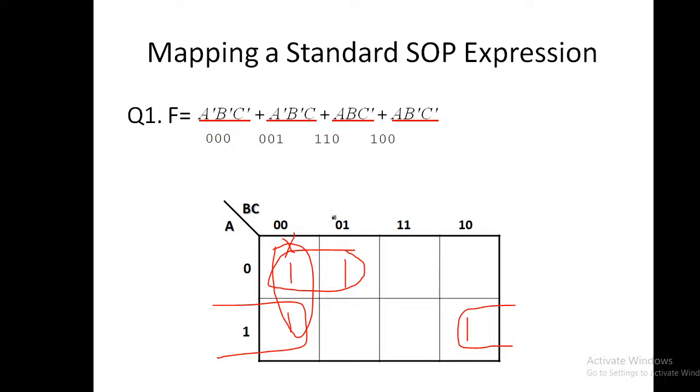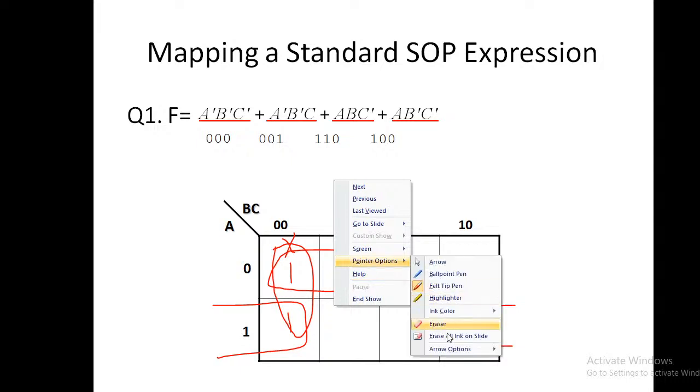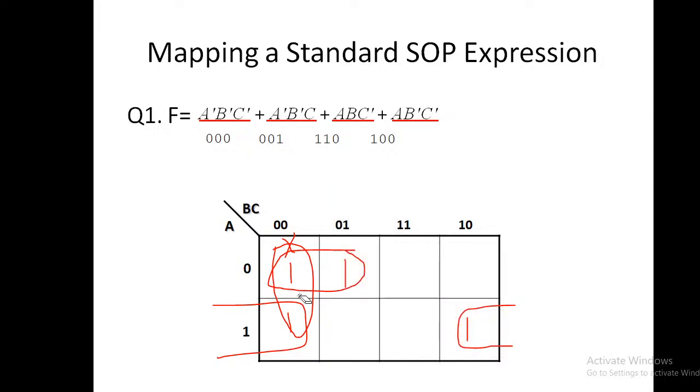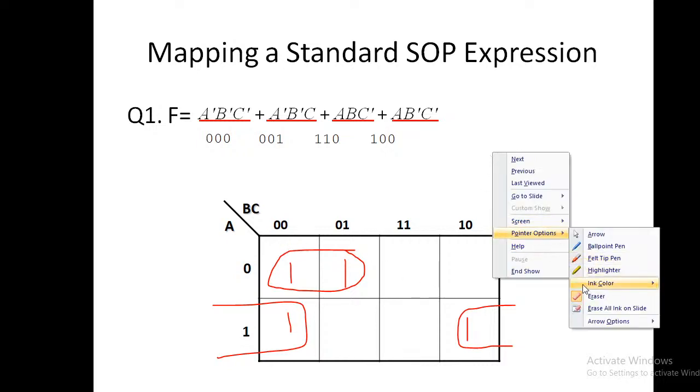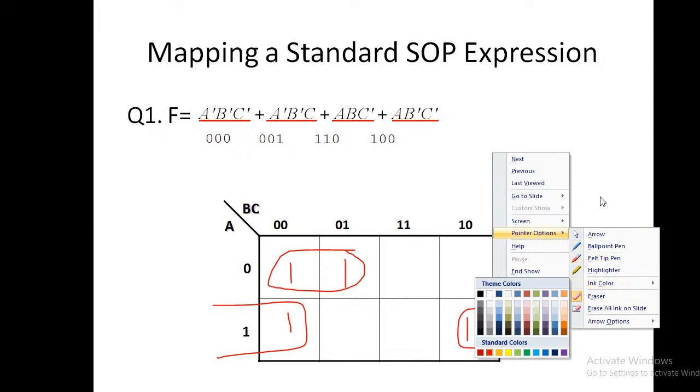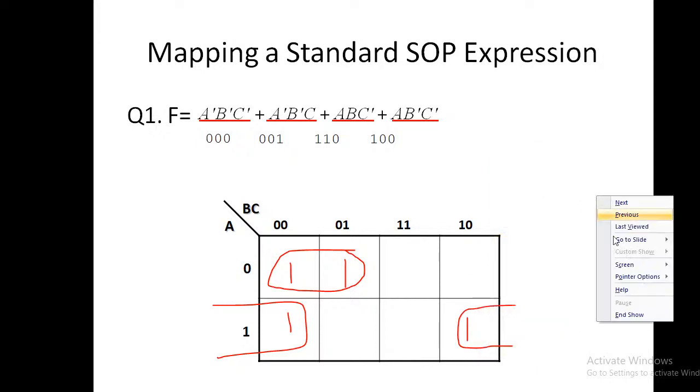Now see this one. I will not take this one. Whatever I told you, whatever expressions you are getting, the expression that is correct is the one with a minimized number of terms, right?